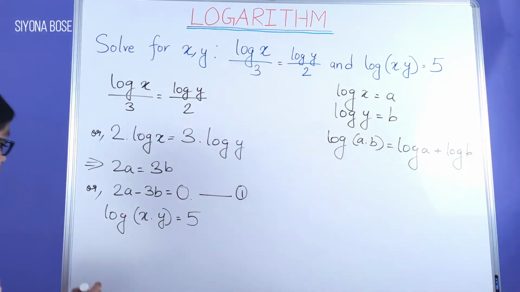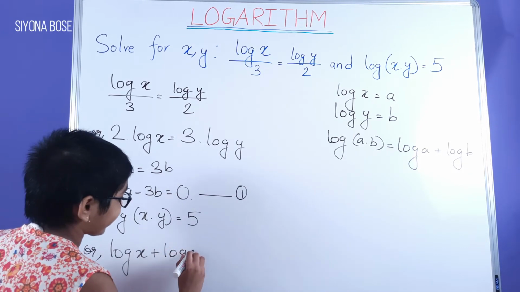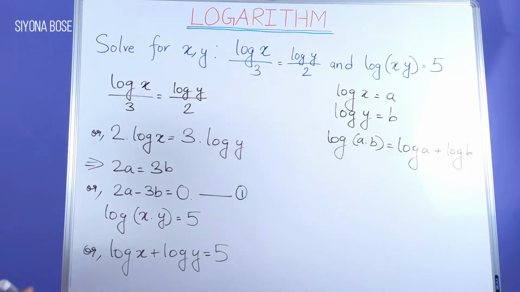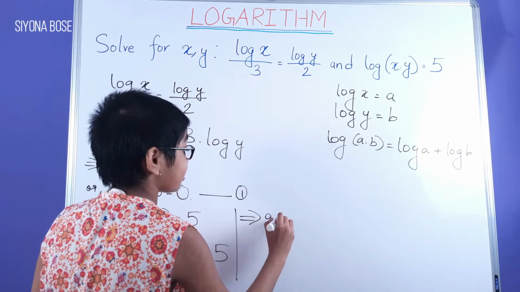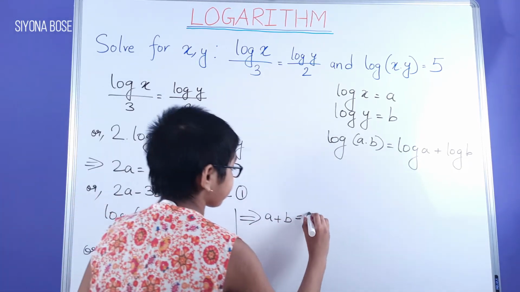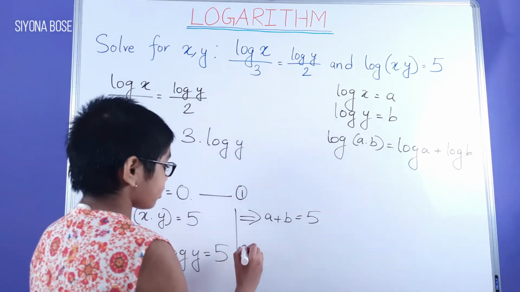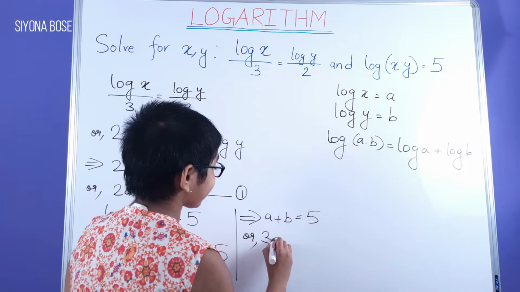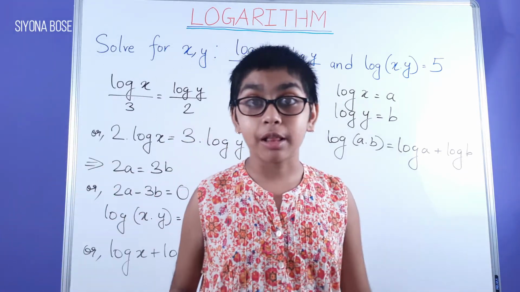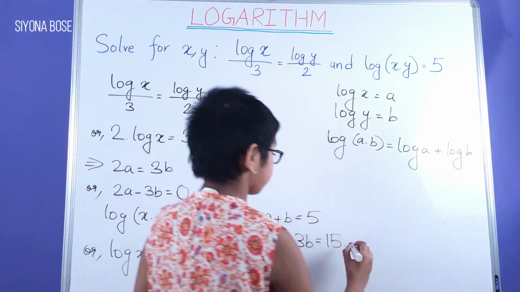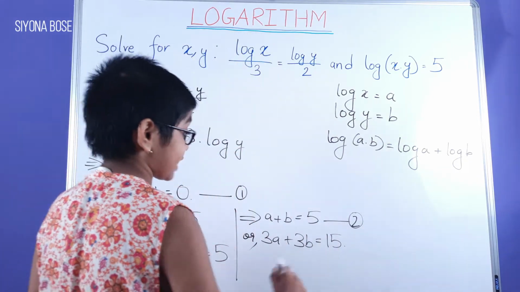Then here we get log of x plus log of y equal to 5, which implies that a plus b equal to 5. Now we will multiply by 3, which gives us 3a plus 3b equal to 15, which I will mark as 2. Means this one is 2, and from here, by multiplying with 3, we can mark this as 3.